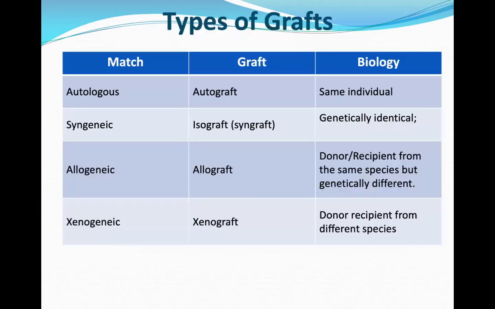So first of all, with regard to the types of grafts in terms of nomenclature, the most successful type of graft is where you are grafting one part of your body onto another, as in the case of skin grafts.